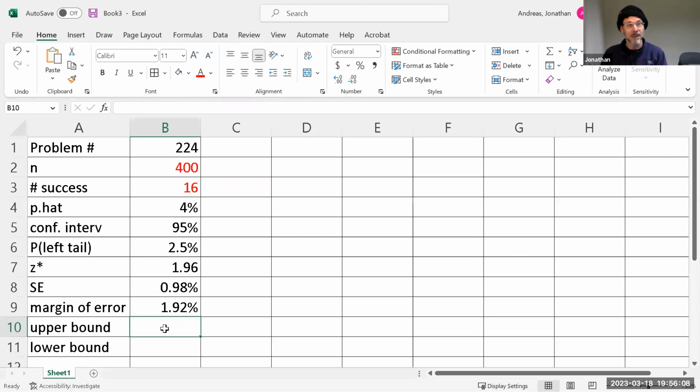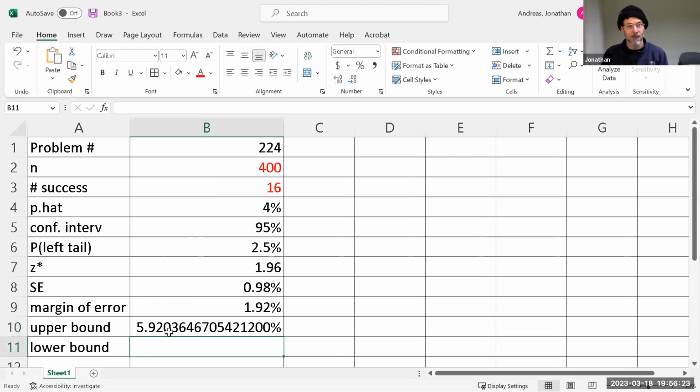So the upper bound equals p hat plus the margin of error. And wow, that is something else. There we go, 6%.